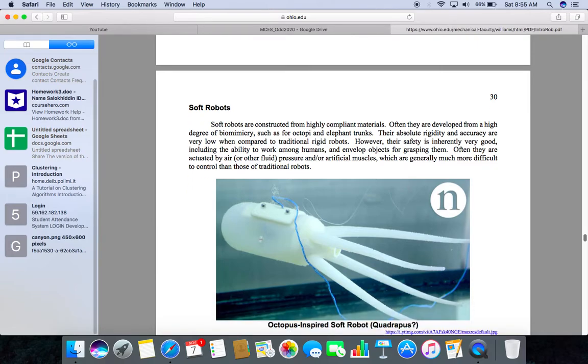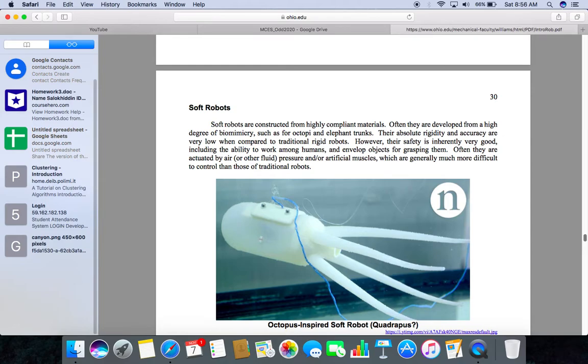Now comes soft robots. Soft robots are constructed from highly compliant materials. Often they are developed from a high degree of biomimicry, such as octopi and elephant trunks. Their absolute rigidity and accuracy are very low when compared to traditional rigid robots.